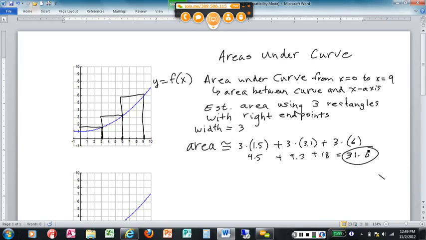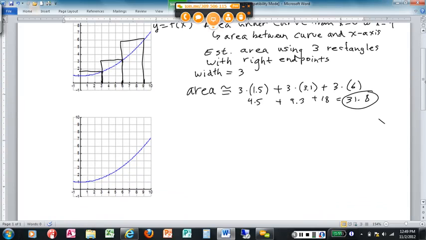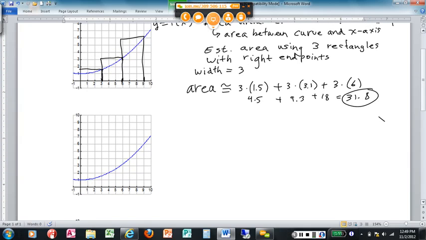Now, of course, the actual area under the curve is going to be more or less than 31.8. Obviously, the area under the curve is actually a little bit less than 31.8, isn't it? Because these rectangles have some extra area. But anyway, we're just getting a rough area to start with. So, one other bit of notation here.